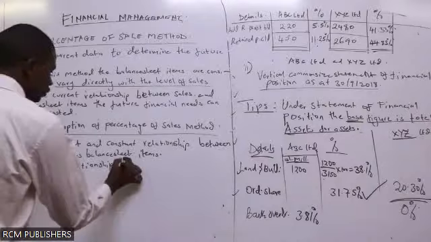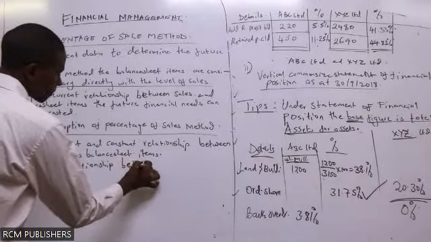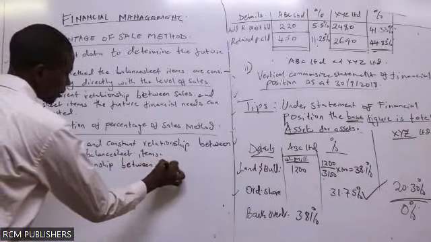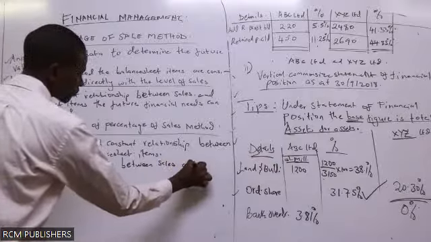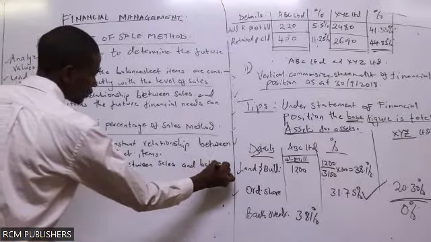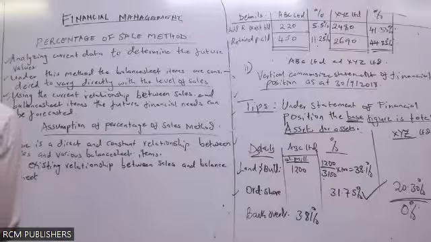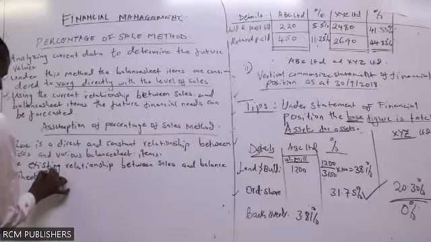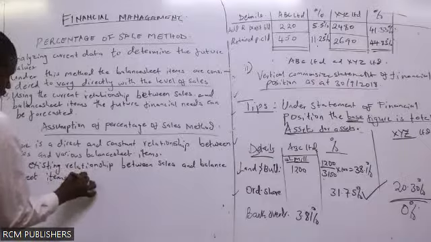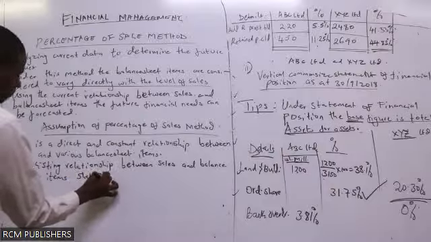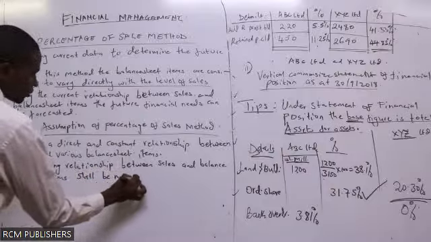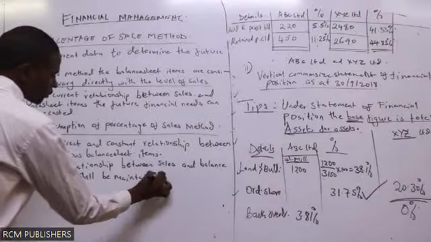The existing relationship between sales and balance sheet items shall be maintained in future.